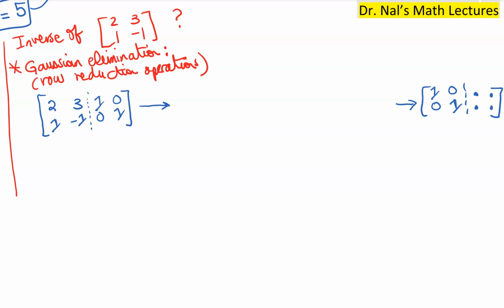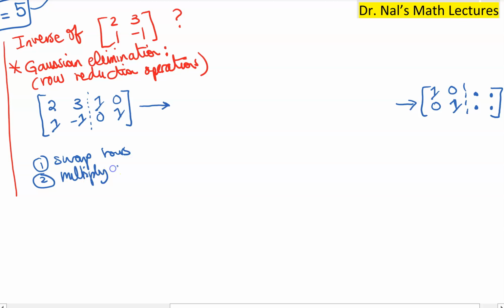So how do you do that? So the Gaussian elimination works in the following way. So you have basically three operations that you are allowed to do. The operations that you are allowed to do are swapping rows, multiplying any row by a scalar, by a number, basically.